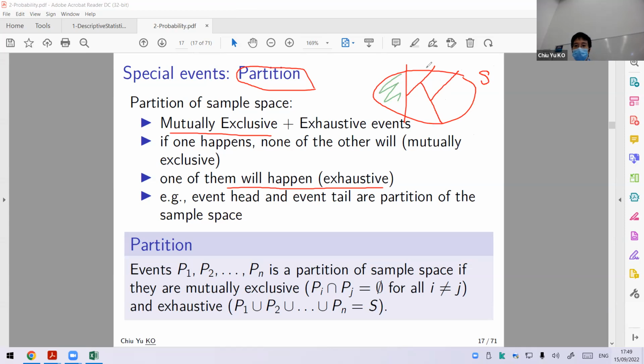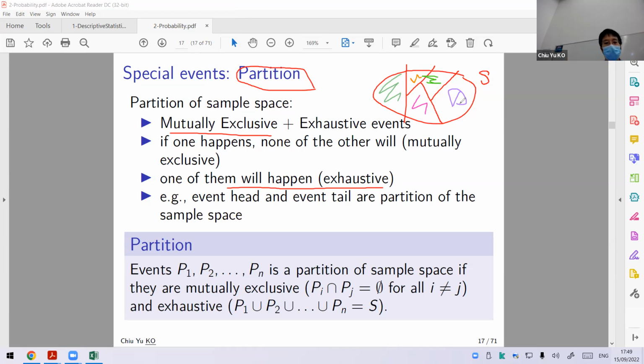If you cut the sample space into different non-overlapping parts, they must be mutually exclusive because they don't overlap, and since they cut the whole sample space, one of them must happen. So that's why it's called partition.